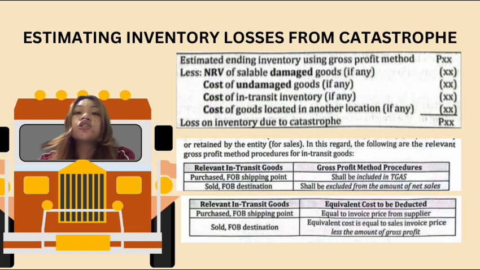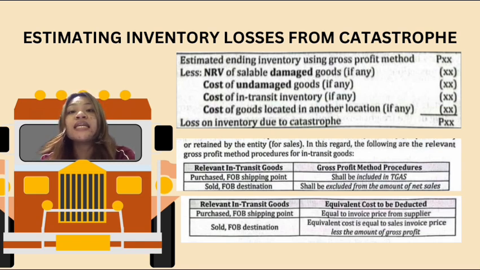If they are sold FOB destination, they should be excluded from the amount of net sales. Also, since the goods in transit are not yet stored or situated in the warehouse or any relevant facilities, they should be excluded from the inventory loss, because it is equivalent to the cost of in-transit inventory to be deducted.